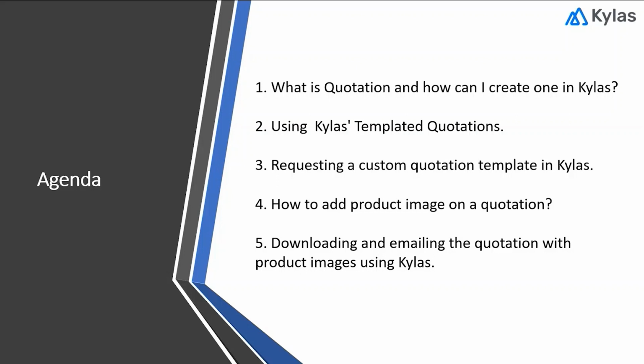Following that, we also saw how a customized quotation can be requested from Kylas itself, from the marketplace application. Then we also saw how we can insert or add a product image on the quotation itself. And then last but not the least, we also saw the downloading of quotation along with image and sending it over email with the image as well.